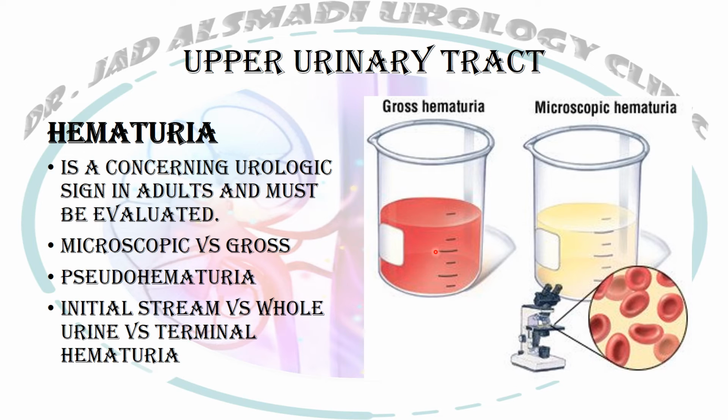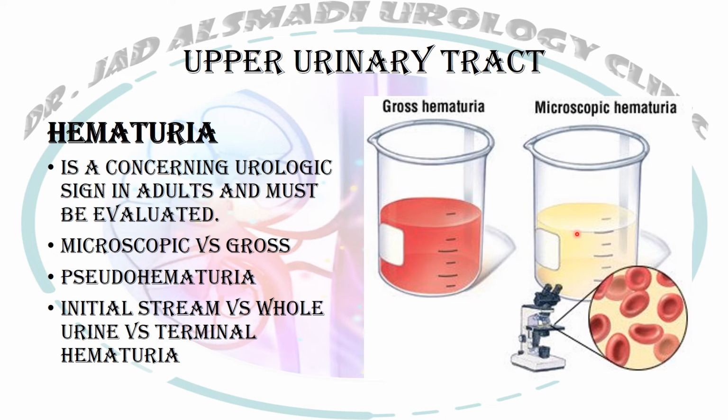Now, having gross hematuria is more alarming for the patient, so the patient will come to you earlier. While microscopic hematuria can be discovered incidentally, or if the patient has another symptom.